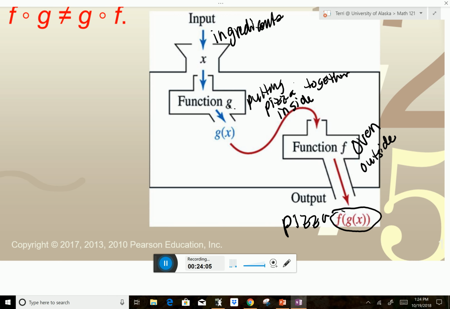Not in this case, because if you do f of g, you get a pizza. What happens if you do g of f? What happens if you take all the ingredients and cook them in the oven and then put a pizza together? Just think about that for a second. It's going to be very different. It's not going to be the same if you do that. So it is very, very important that you follow the instructions. The inside gets done first.